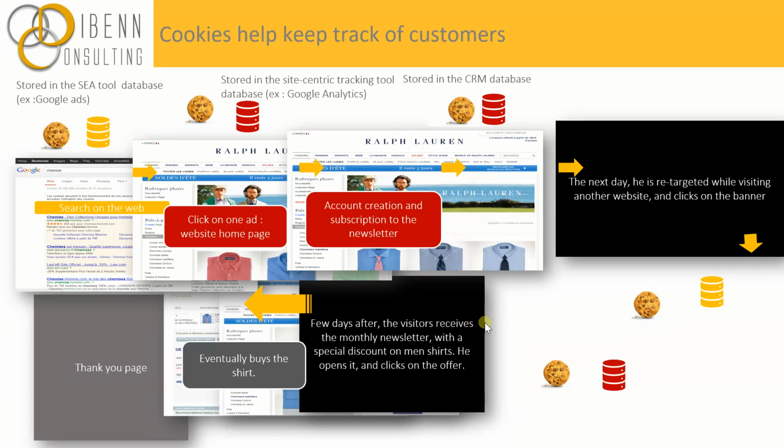Then how is it possible to send a newsletter? Well, because probably digital marketers have seen a new customer being recorded in the CRM database, and they were able, by querying this database, this Google Analytics database or whatever site-centric tool, to know that this new recipient of the newsletter has not purchased anything but has seen some products, in this case some shirts, and therefore might be interested in receiving a newsletter with a special offer regarding this product.